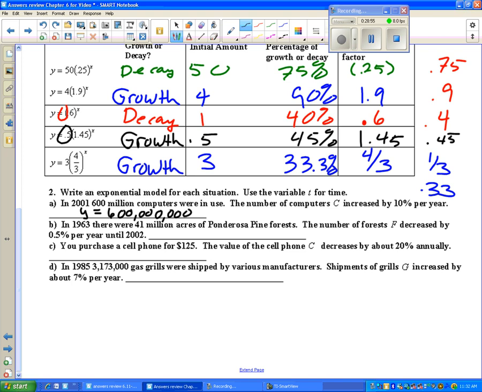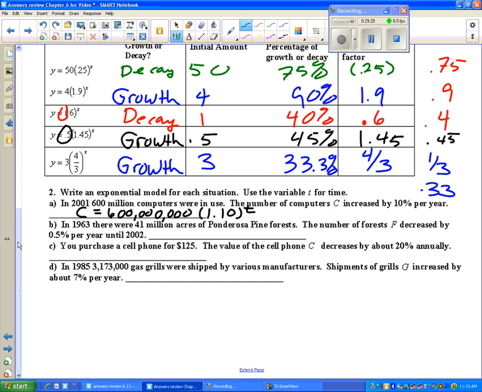Now I could just write the word million or just say in millions. The number of computers, C, increased by 10%. So 1 plus 0.10 per year. So we'll do t for years.